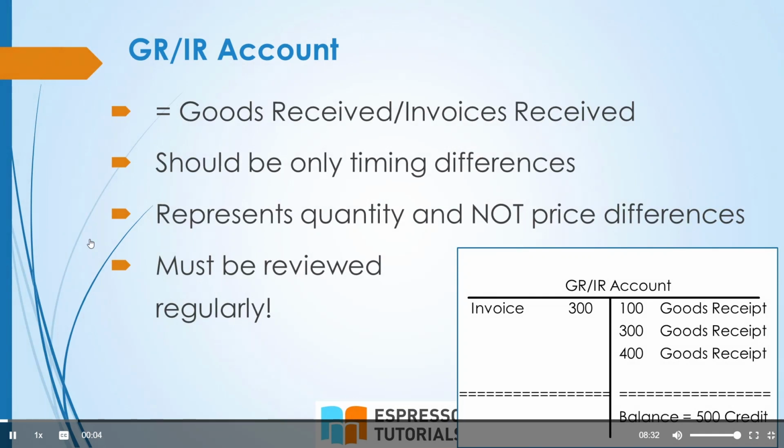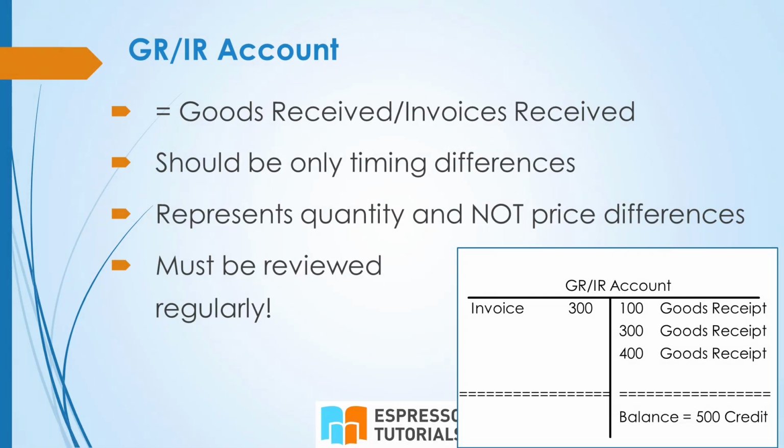The GRIR account contains two main types of postings. When goods and services are received, the GRIR account is usually credited and the stock or cost account debited. When the supplier invoice is received, the GRIR account is debited, along with any relevant tax accounts, and the supplier account is credited.